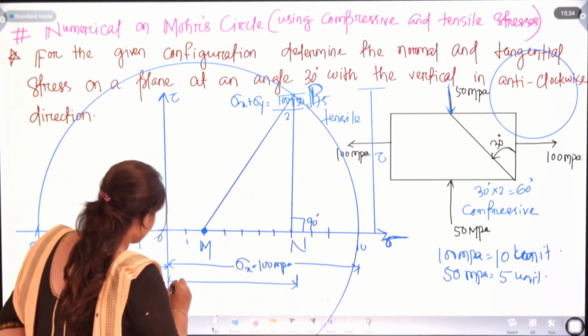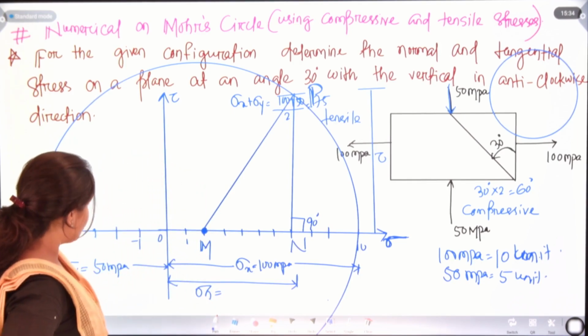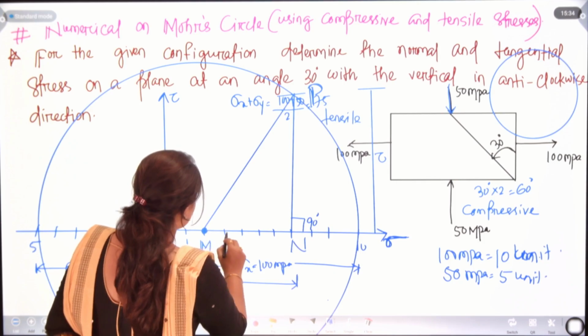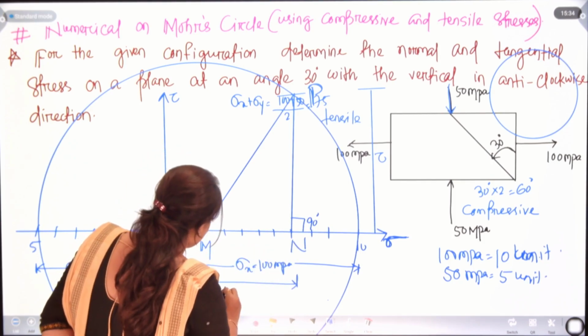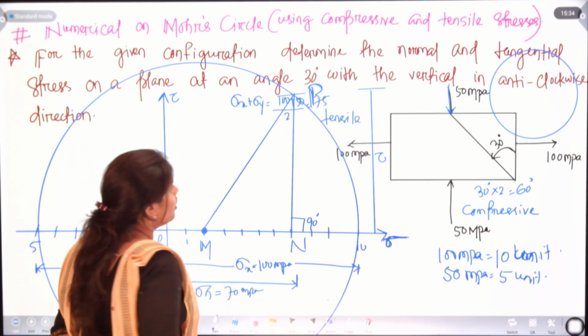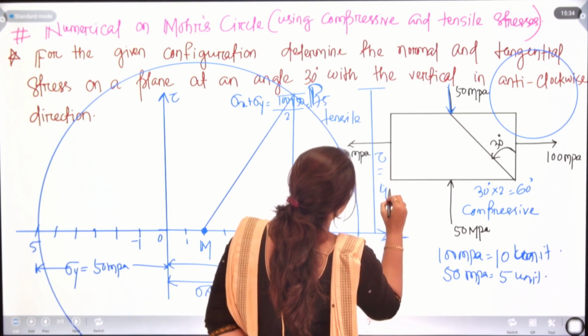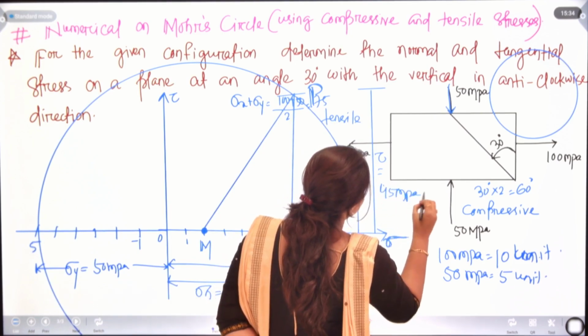This is nothing but our sigma n. So sigma n will be 1, 2, 3, 4, 5, 6, 7. Let it be 70 megapascal. And tau, let tau be equal to 45 megapascal.